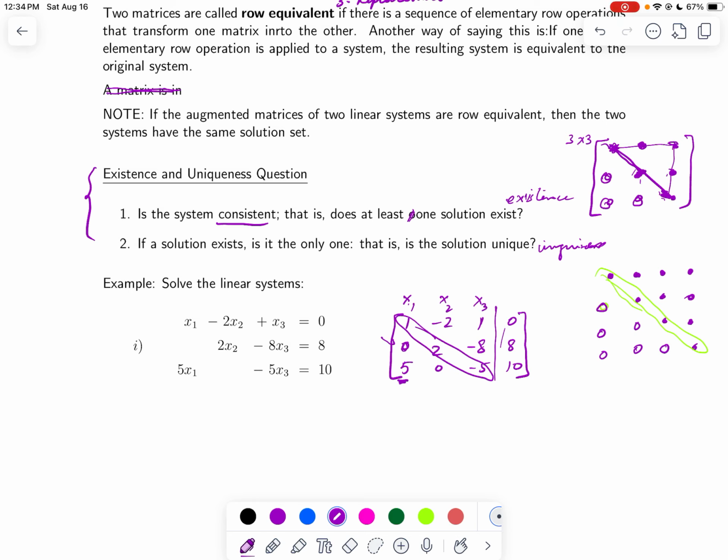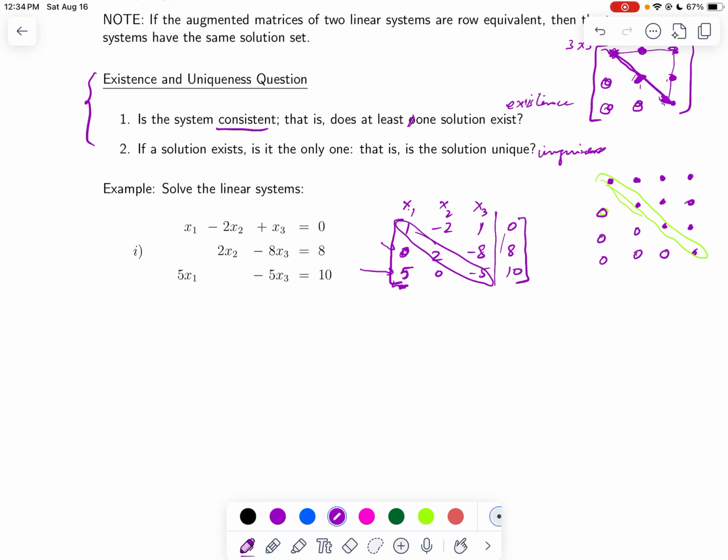The next is we want to make the entry in the third row of the first column to be zero. So we want a zero over here. How do we do that? We can get that zero by using one of our elementary row operations. If I use the second row, I can swap the third row with the second row, but that still doesn't accomplish my goal.